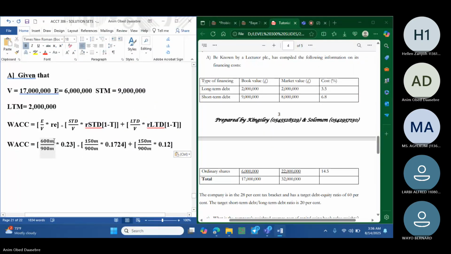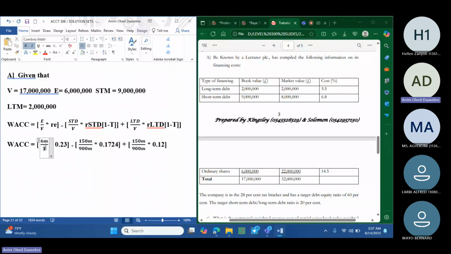So, starting with the value of equity, it is 6 million. 6M over 17M times the cost of equity.